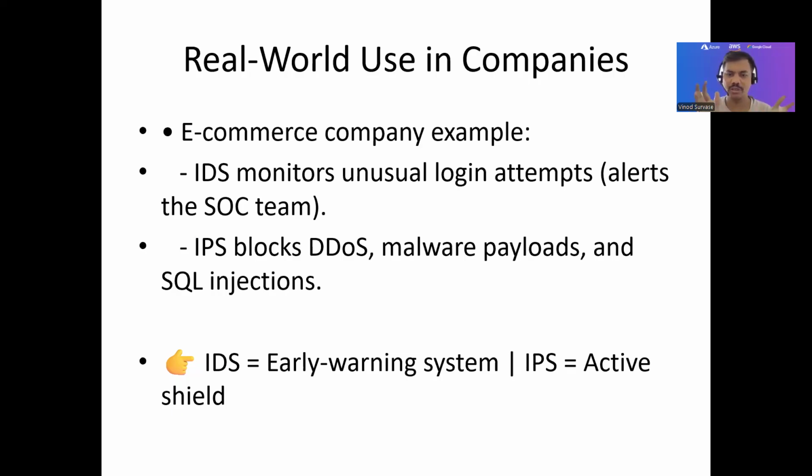And the IPS is going to be kind of an active shield, which is going to simply take the actions to block all of them at the particular location instead of hitting the respective system. For example, a SQL injection, if not blocked appropriately, might hit any system which is critical for the business, right?